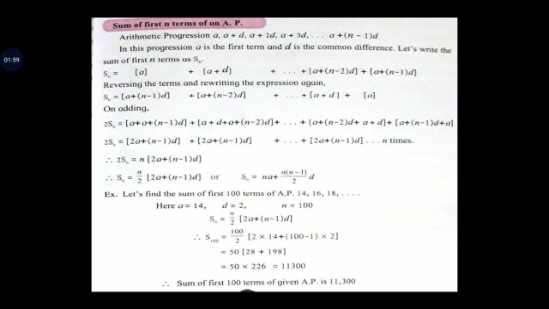So 100 by 2 is 50, 14 twos are 28, 100 minus 1 is 99, multiplied by 2, that is 198. So 28 plus 198 is 226. That will be multiplied by 50. So the sum of first 100 terms of the given AP is 11,300.